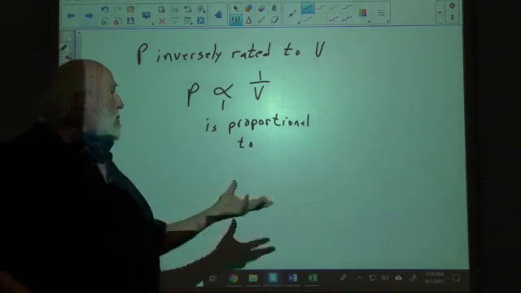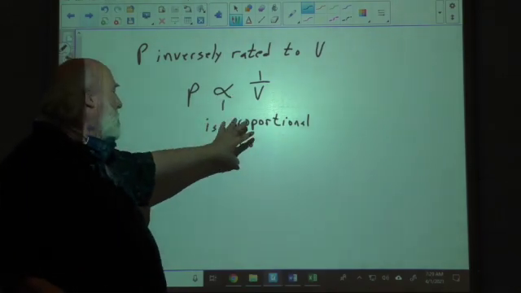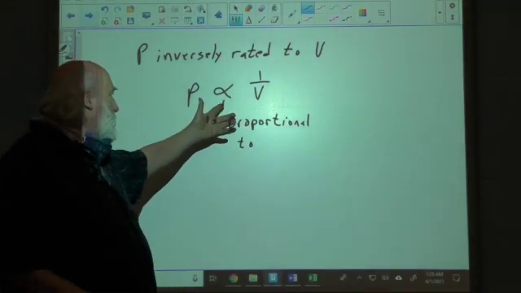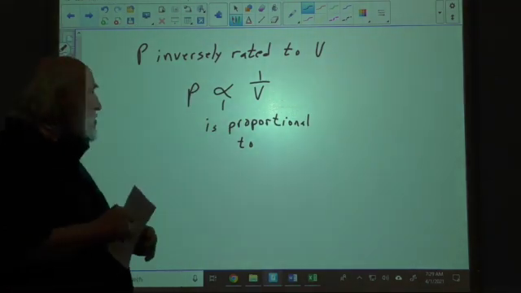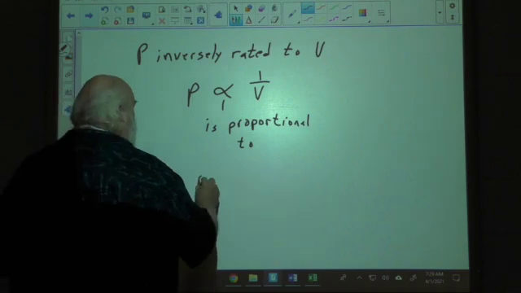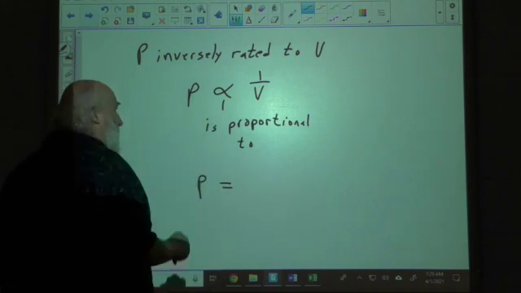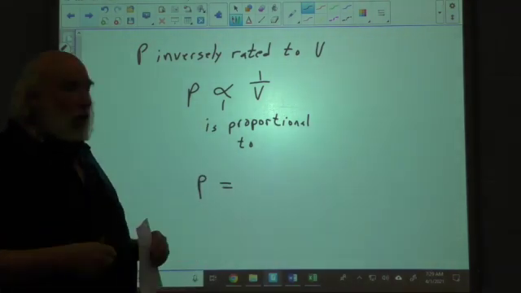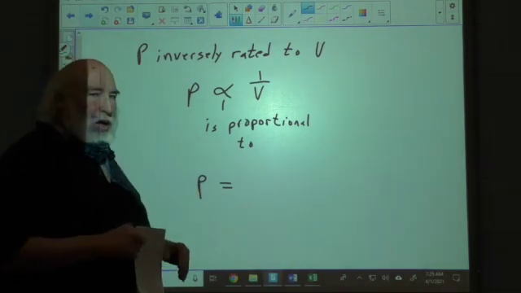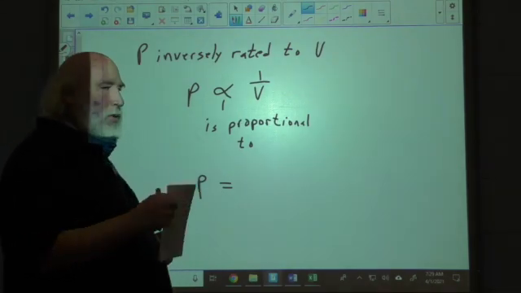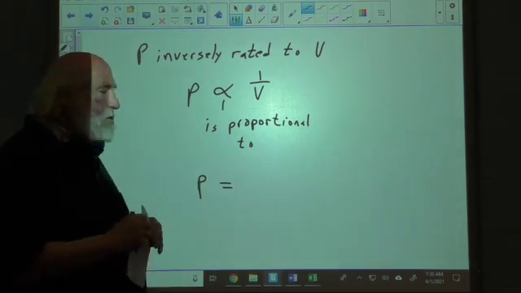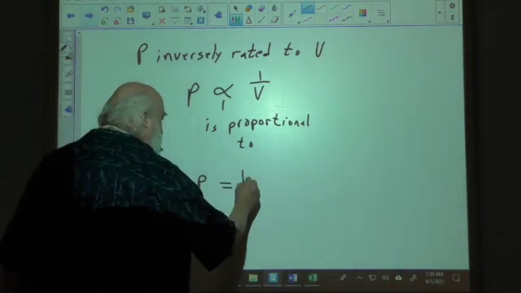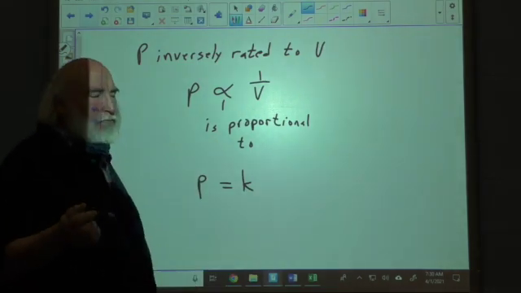Now, when you have a proportionality relationship and use that symbol for it, we can change that into an equation by replacing the proportionality symbol with an equal sign. But when we do that, we have to have a number that's going to correlate those two variables. So we use the letter K. Now why K?